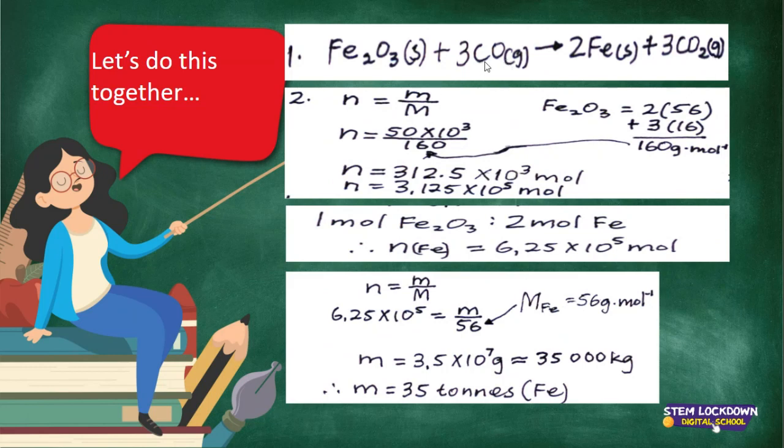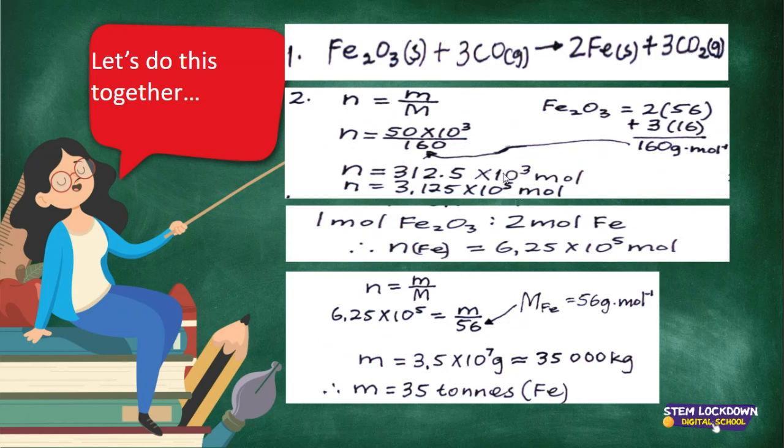You just put a 3 in front of the carbon monoxide. Let's see the iron atoms: there are 2 on the left, 2 on the right. Oxygen: 3 plus 3, which is 6, and then 3 times 2, which is 6 also on the right. The carbons are 3 on the left, 3 on the right. So the equation is balanced.